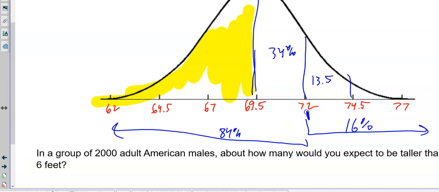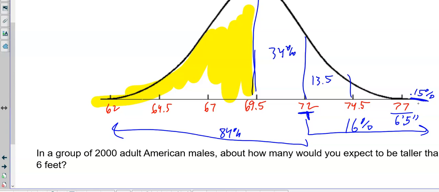If 72 is 6 feet, this would have to be 6'5", which means there's only 0.15% of the population of adult males that are taller than 6'5". That's extremely rare. Some NBA players are taller than 6'5", and that's not very common, right?